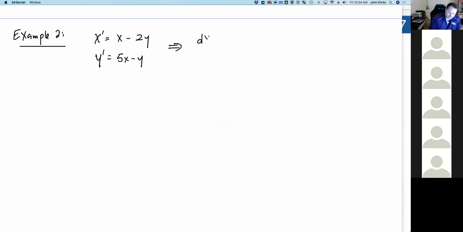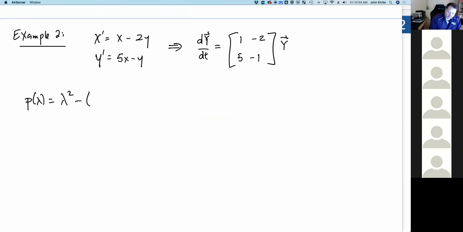So in matrix form, this is [1, -2; 5, -1]. So our characteristic polynomial is lambda squared minus the trace times lambda plus the determinant, which is 1 times -1 minus -2 times 5.